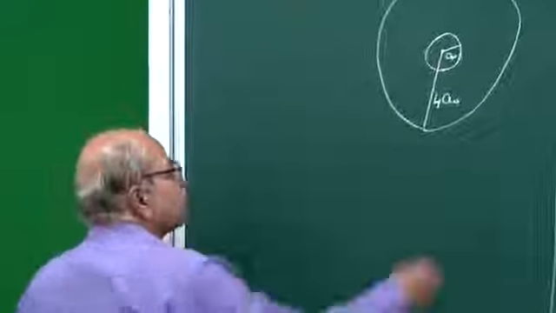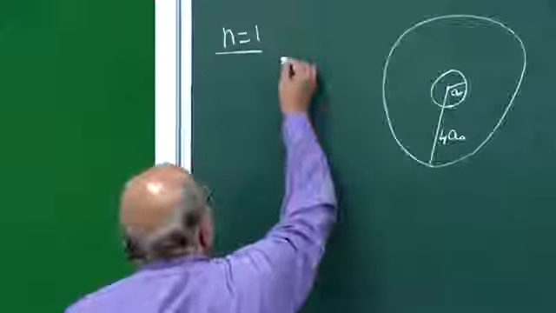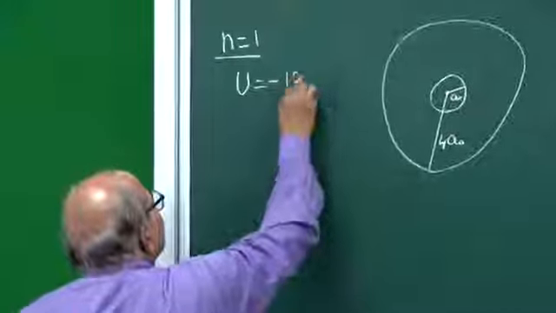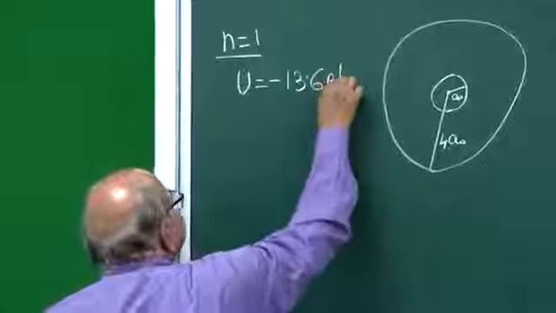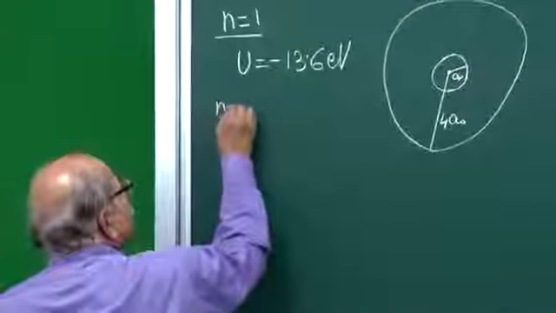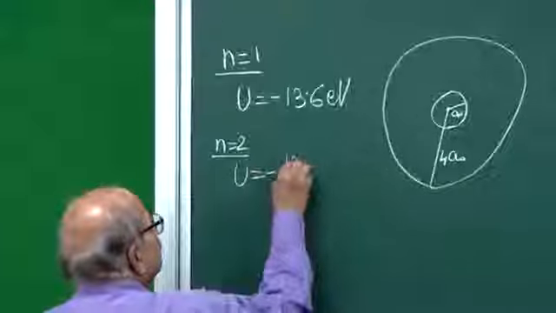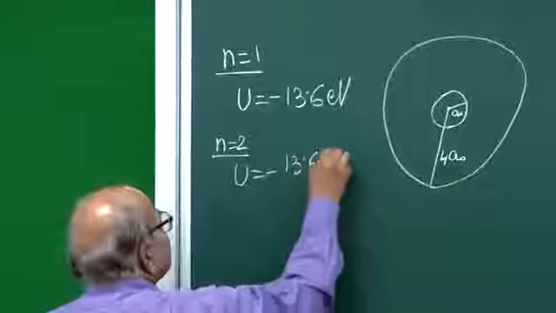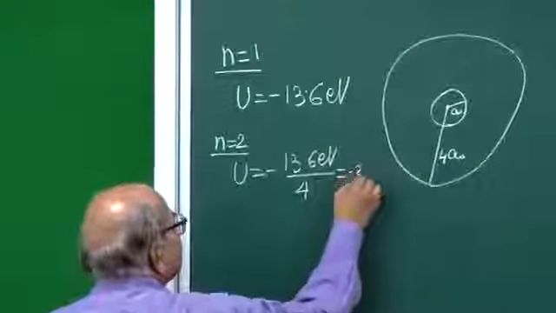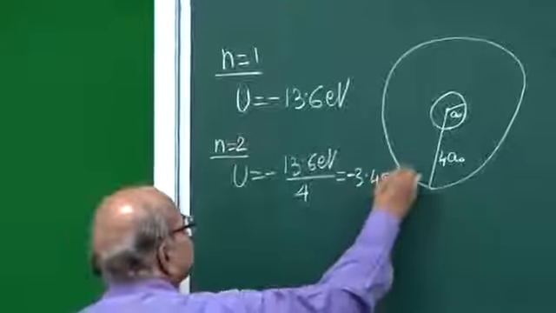And what are the energies? The energy of the n equal to 1 orbit is U equal to minus 13.6 eV. Then for n equal to 2, the energy is minus 13.6 eV divided by 4, that is minus 3.4 eV.